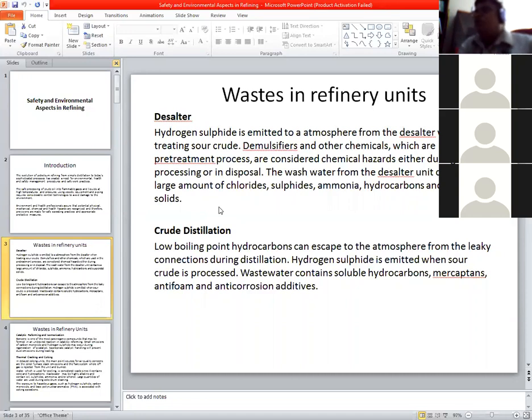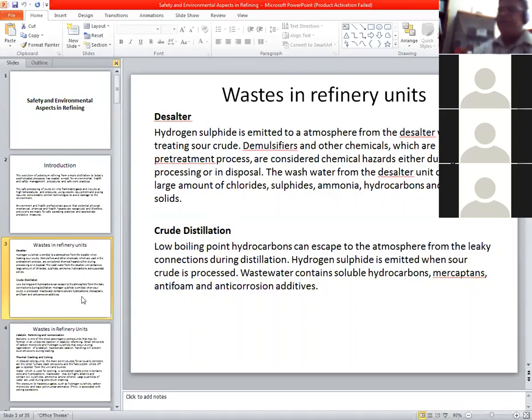These additives can also escape in the wastewater. So here also there is hydrogen sulfide. On the other hand, we are polluting water with the additives, and some soluble hydrocarbons may escape in the water.